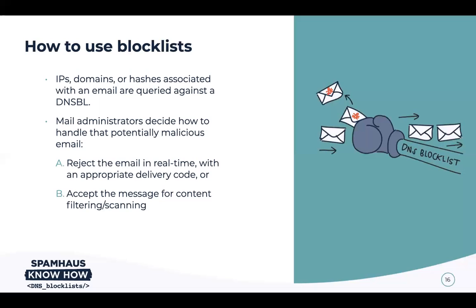Another way you may use the data is to issue a try again later, sort of the gray listing approach. So there's really lots of different possibilities here, and it really depends on your local capabilities and, in the end, your local policies of what kind of things you want to accept and what you do not want to accept.